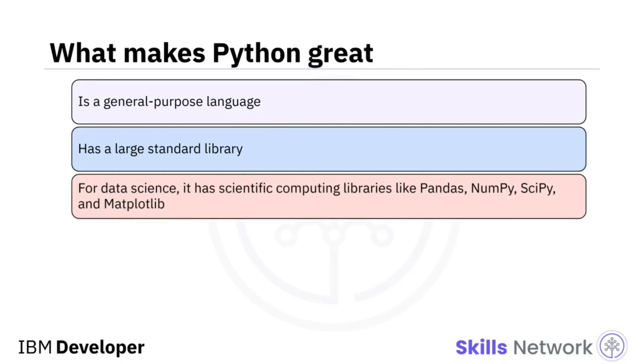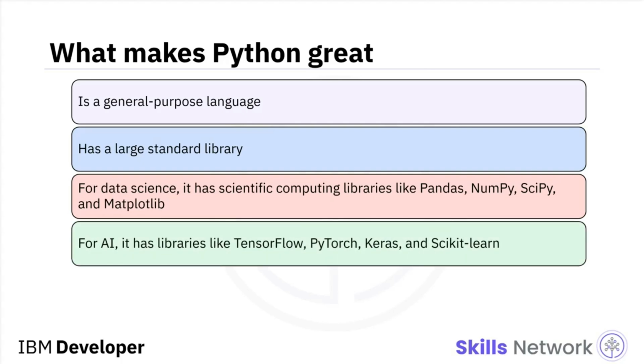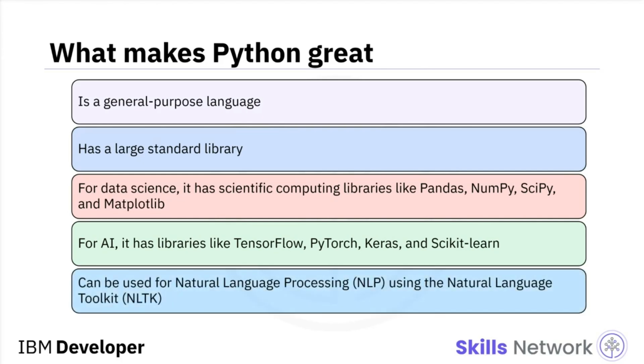For data science, you can use Python's scientific computing libraries like Pandas, NumPy, SciPy, and Matplotlib. For artificial intelligence, it has TensorFlow, PyTorch, Keras, and scikit-learn. Python can also be used for natural language processing, or NLP, using the Natural Language Toolkit, or NLTK.